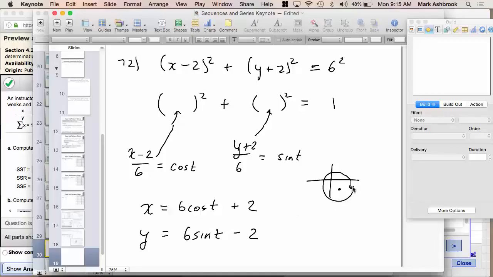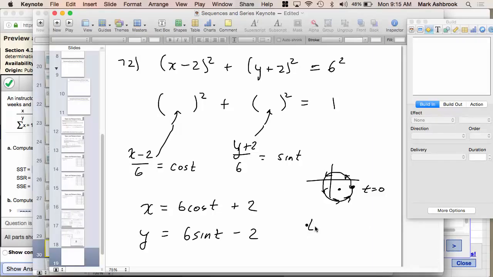So this will start us here at t equals 0 and take us around counterclockwise, just like the original definitions of sine and cosine. So if we want the bottom half of the circle, what angle could we choose?